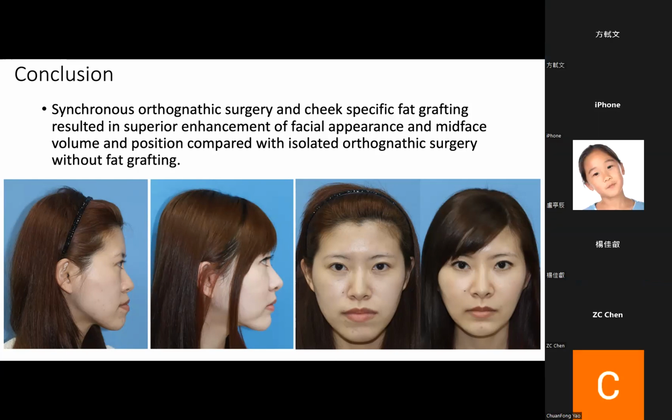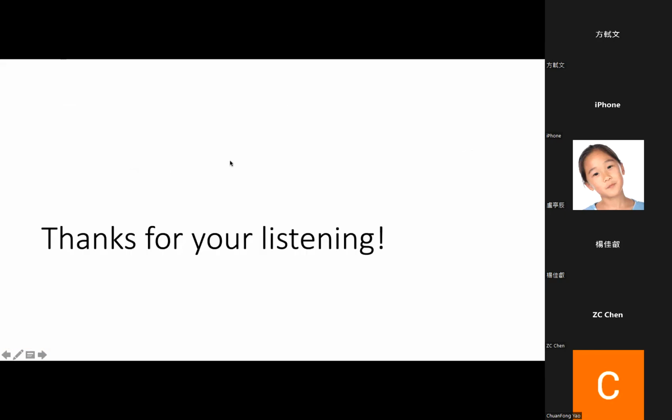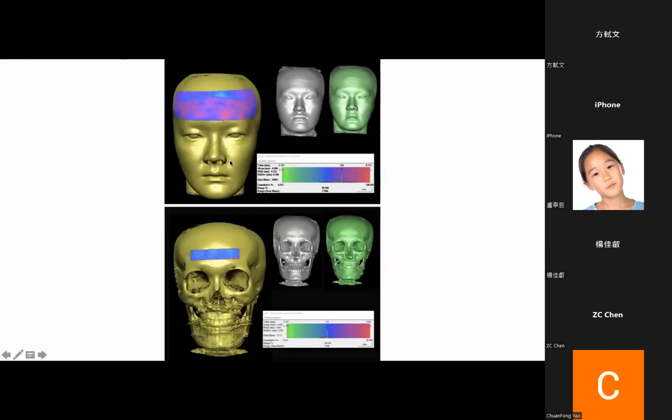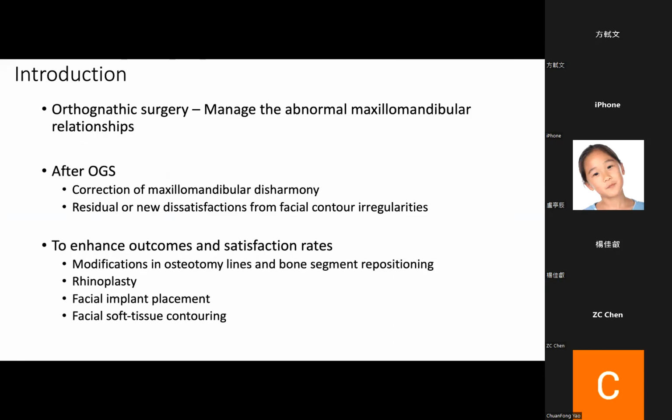Dr. Chief Yao. Okay, instead of fat grafting for augmentation of the face, do you have experience removing the buccal fat pad, or rearranging the fat on the face when you do the OGS? Yes, Chief Yao. I do.